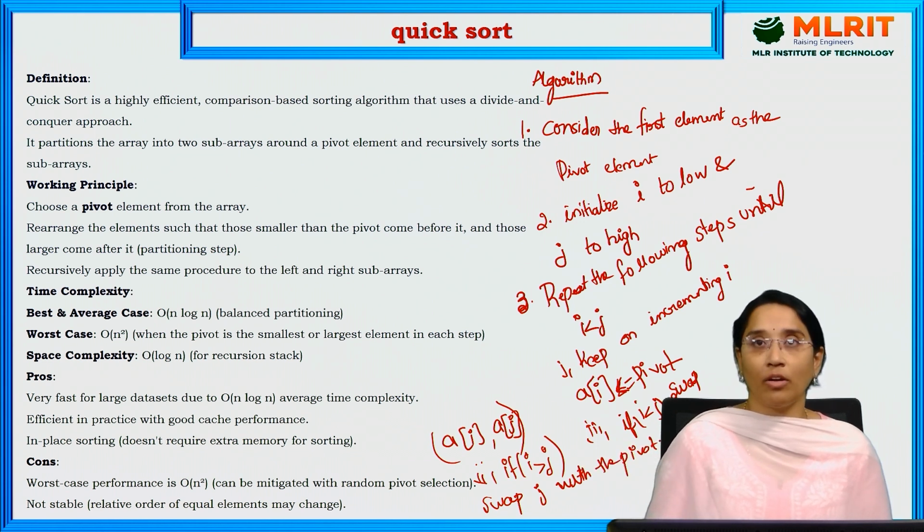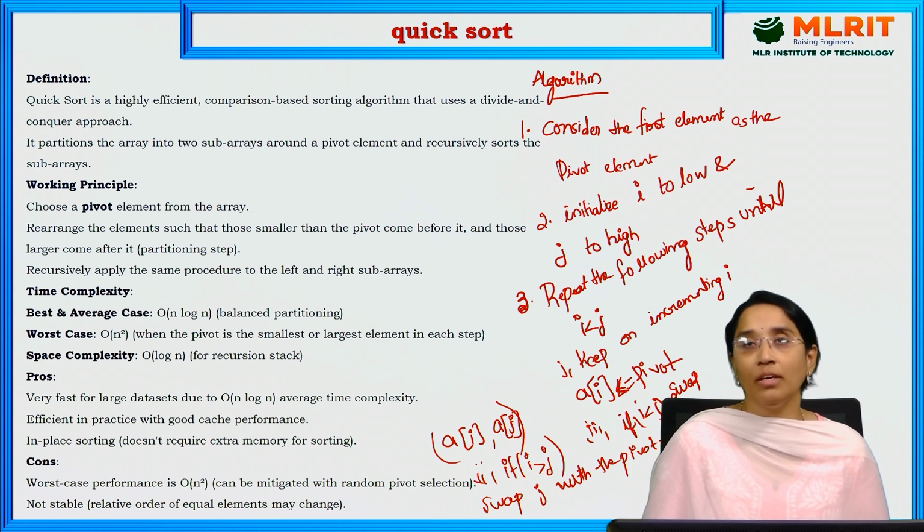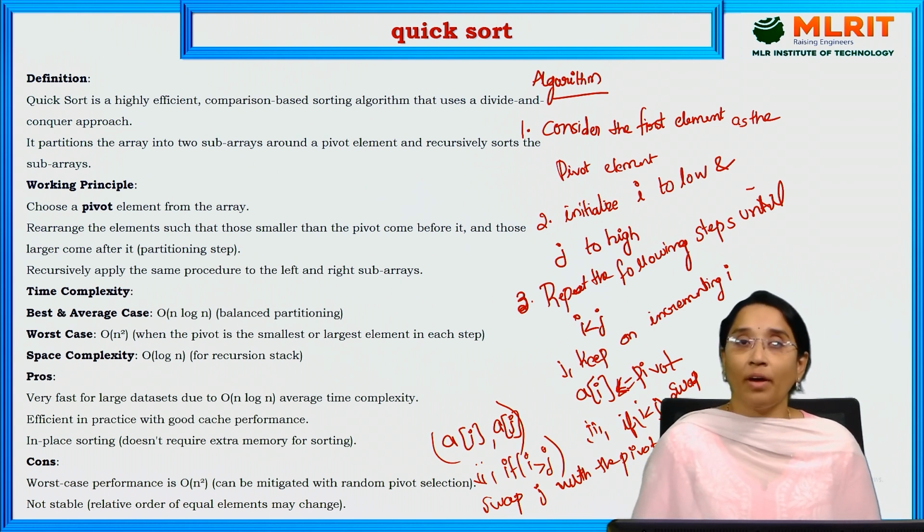So this is your algorithm. First step, consider the first element as the pivot element. Next, you will take two values i and j. First you will initialize i to low and j to high, and repeat the following steps while i is less than j, swapping the values at i and j.